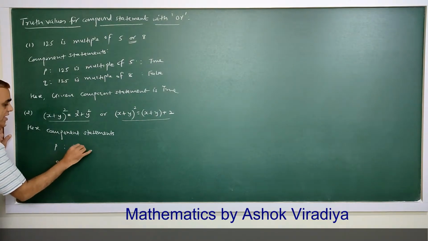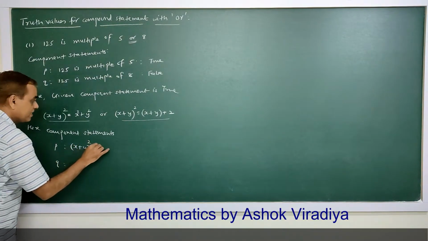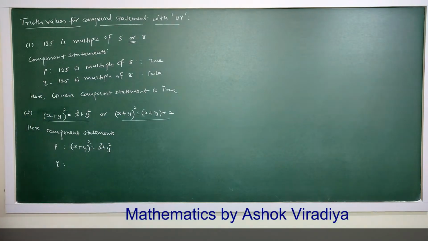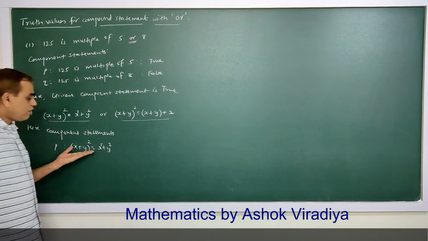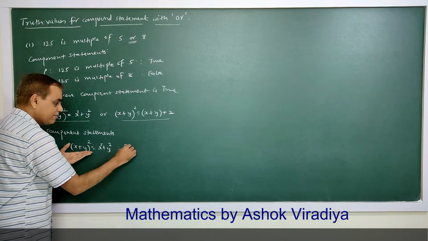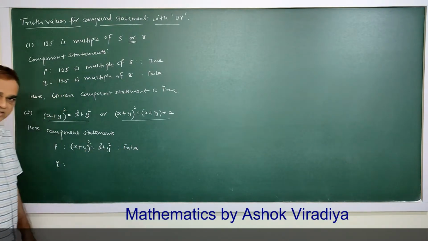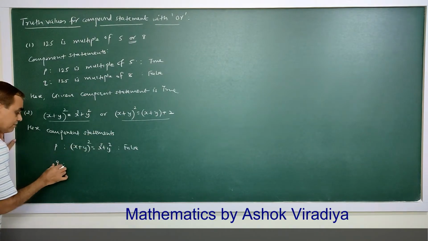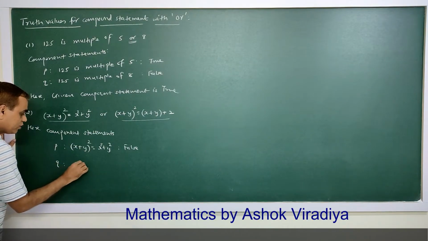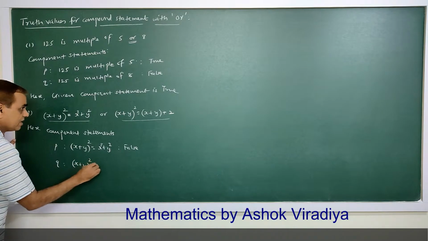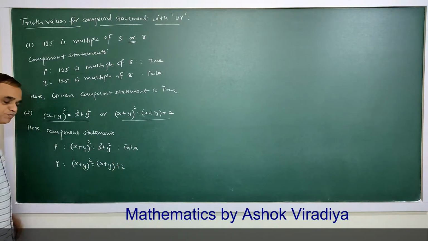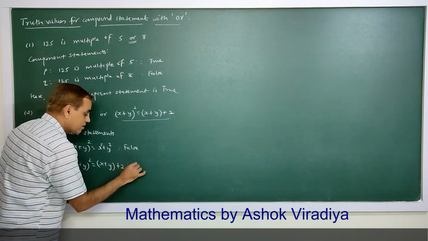P is x plus y whole square equal to x square plus y square. This statement is false. Second statement, let me denote it by Q. x plus y whole square equal to x plus y plus 2. This is also false.